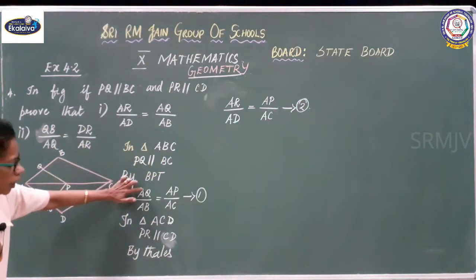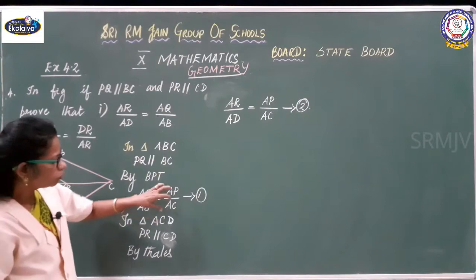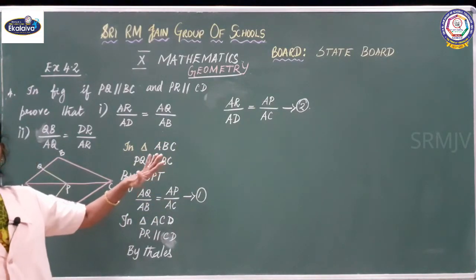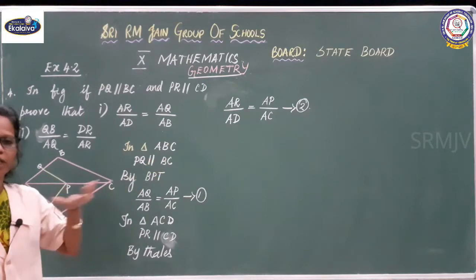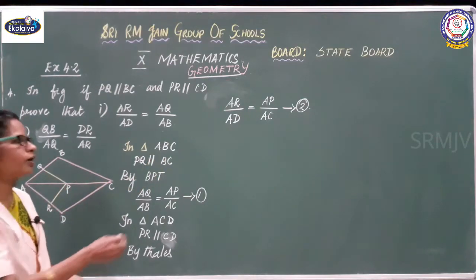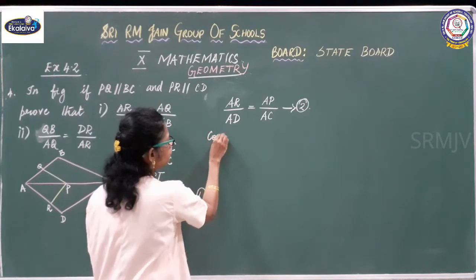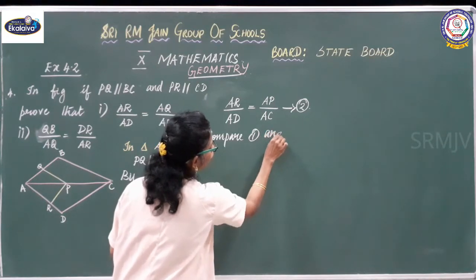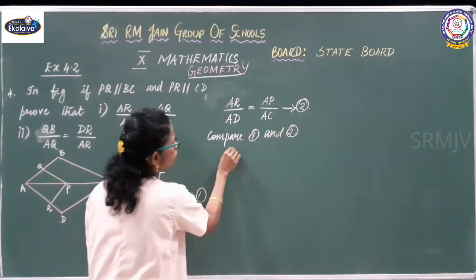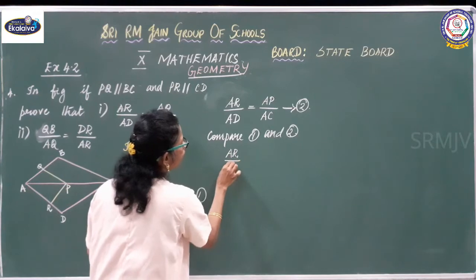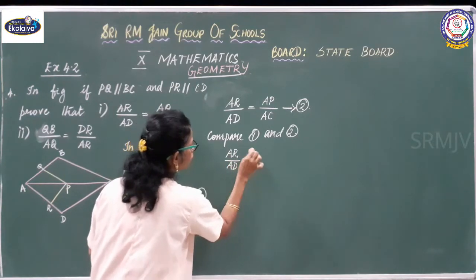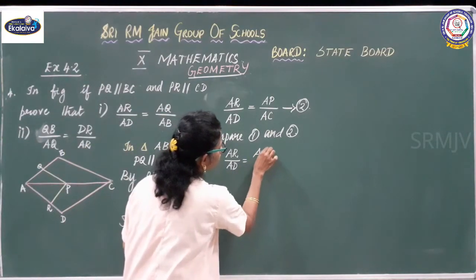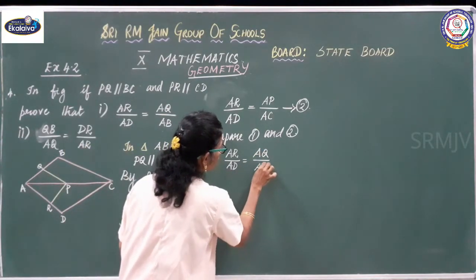Now compare 1 and 2. One thing you have to listen to: the right hand sides are equal. If the right hand sides are equal, automatically the left hand sides are equal, right? Comparing 1 and 2, AR by AD equals AQ by AB.